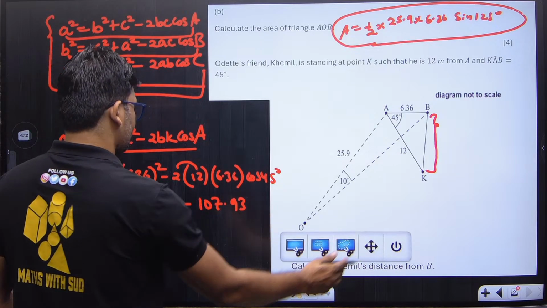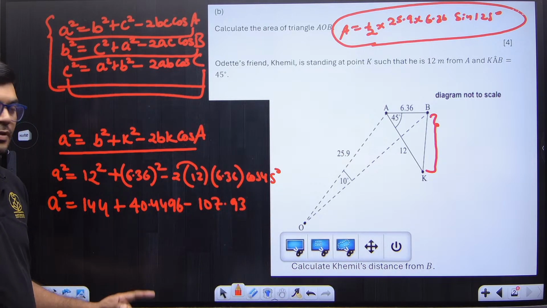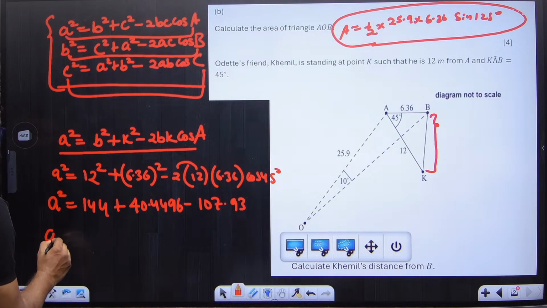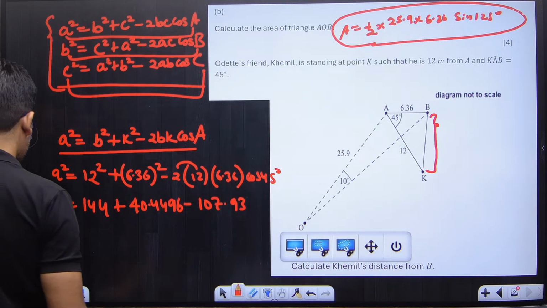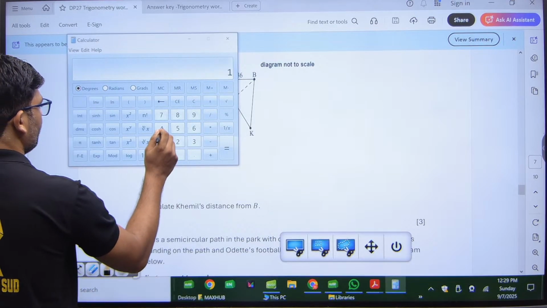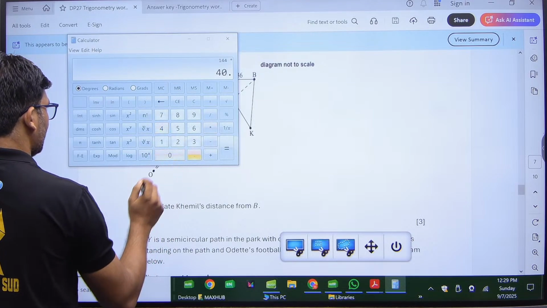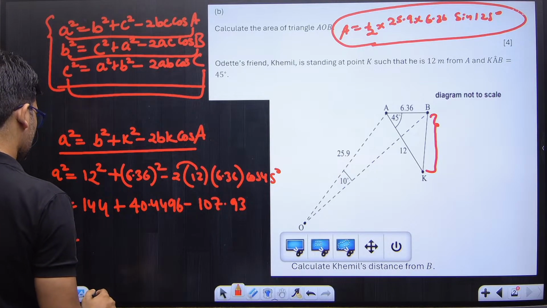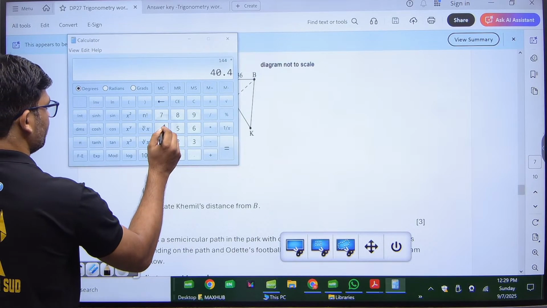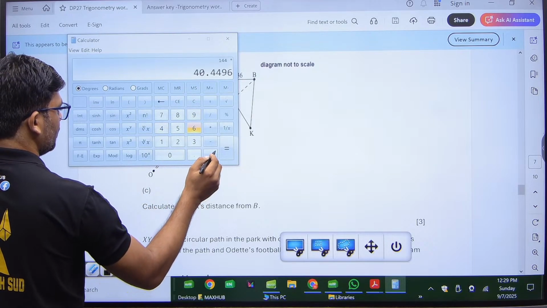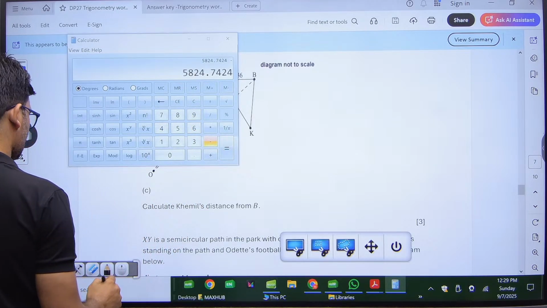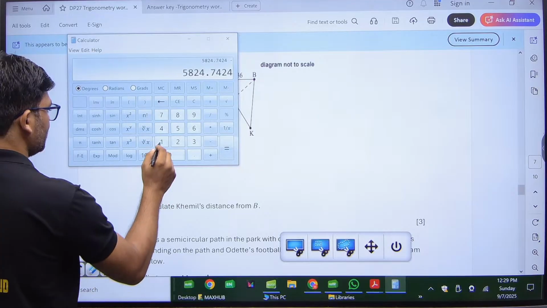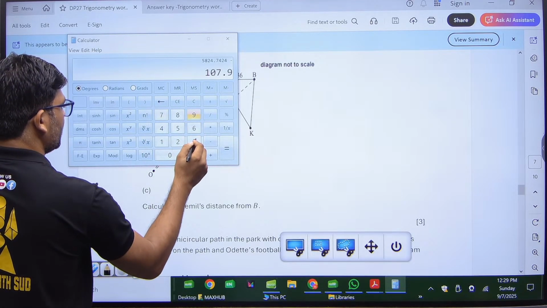All right. Yes. Now again I will write a square is equal to 144 plus 40.4496 minus 107.93.